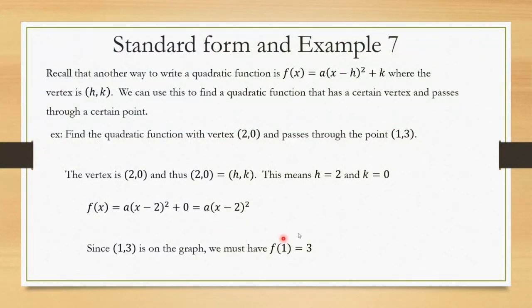We do know that the point 1, 3 is on the graph of the quadratic function. And what that means is when x is 1, y is 3, the function is 3. That is, f of 1 is 3. F of 1 has to be 3.